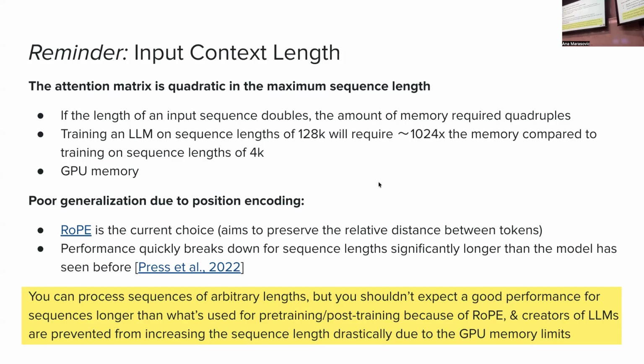But what people have observed in practice is that the performance of language models deteriorates when we have sequences that are longer than we have seen during training. And this has been traced back to positional encoding. So positional encoding is affected by what it has seen during training. And during training, we can't have something arbitrarily large because we don't have enough GPU memory.